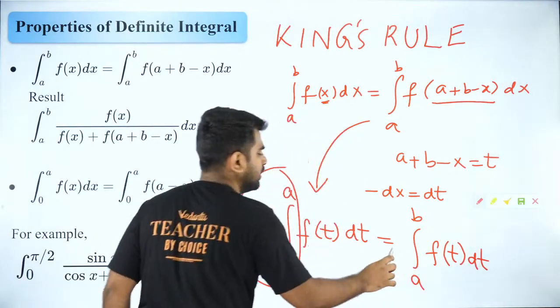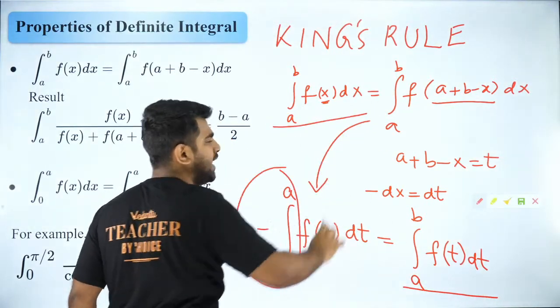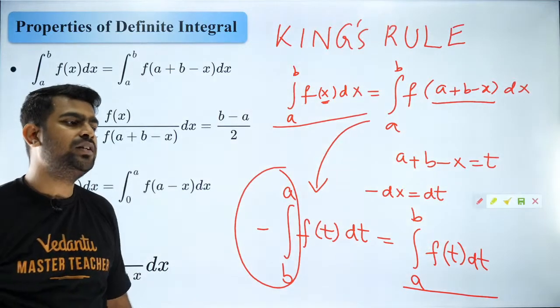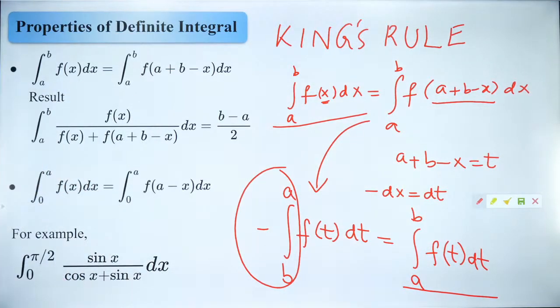So do you agree this and this are the same? Did I prove it? So do you understand the derivation of King's rule? Isn't that wonderful? That is a way to do it. Got it?